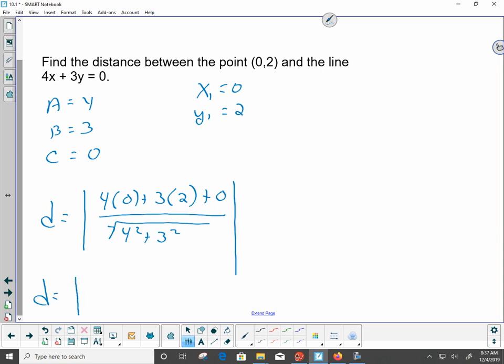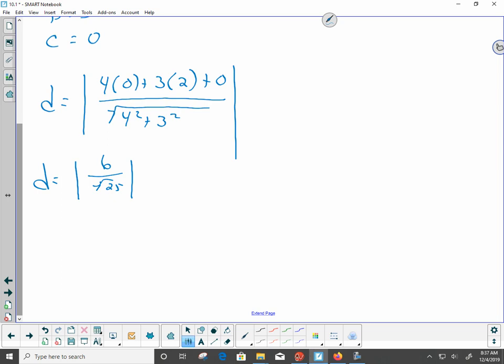The numerator is 6. The denominator is the square root of 25. So it's 6/5. So 6/5 of a unit is how far that point is from that line.